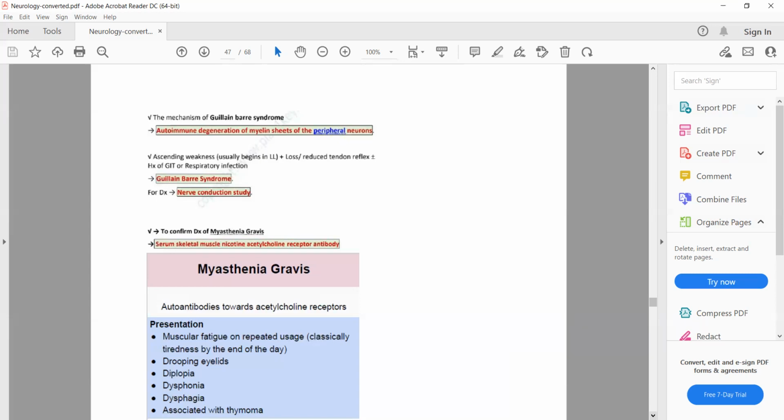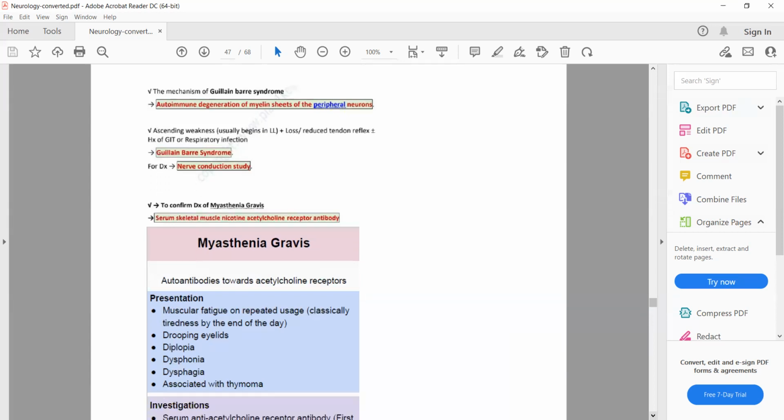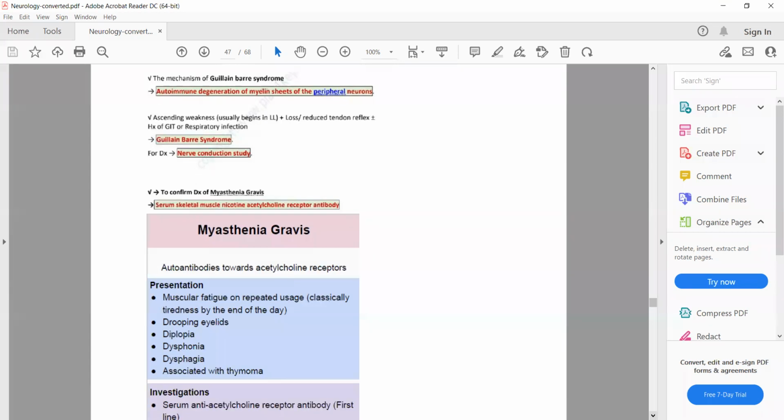For PLAB 1, remember that the classic presentation of Myasthenia gravis is a patient with muscle fatigue or muscle weakness plus D symptoms, such as drooping of eyelids, diplopia, dysphonia, and dysphagia.